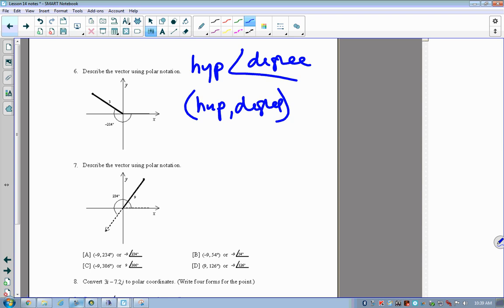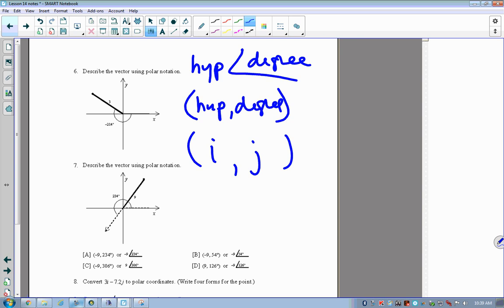The other thing they use is i for my x direction and j for my y direction. You can go back and review the video to look at that, but that's essentially what's going on here.